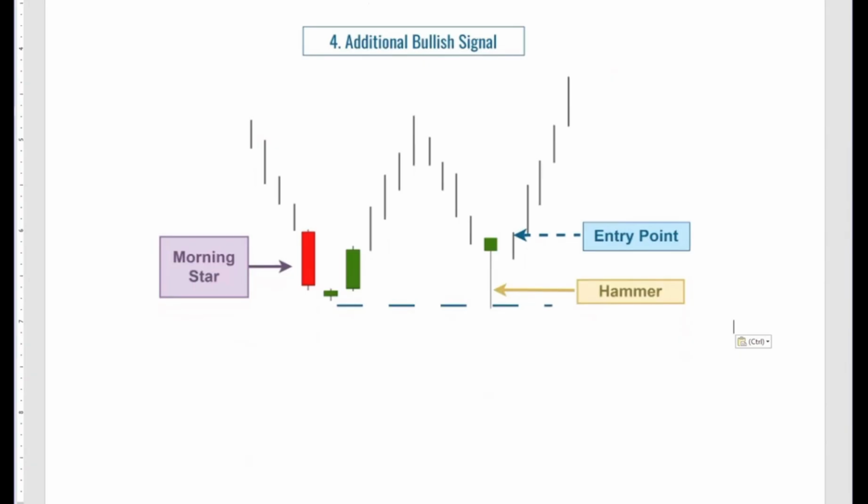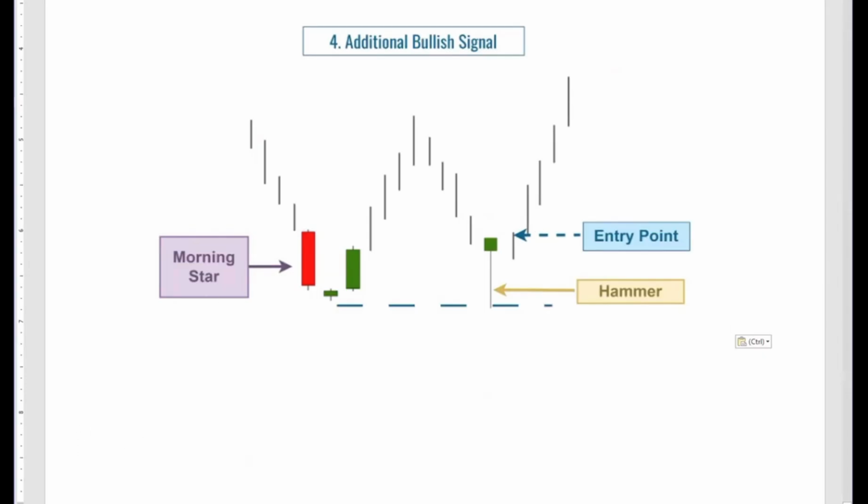Yeah, trading analysis strategy. The advantage of this option is that a bullish reversal pattern's precedence for success in the morning star reinforces its credibility as a bottom reversal signal. And the disadvantage is that if no additional candlestick patterns emerge within the price range of the Morningstar formation, you risk missing a trading opportunity.